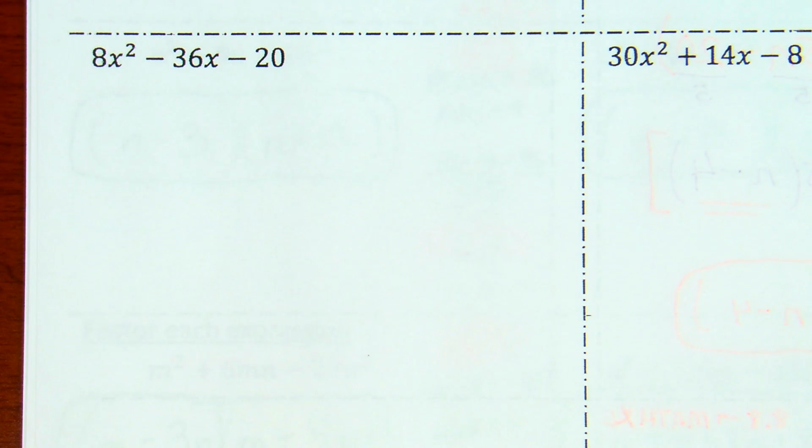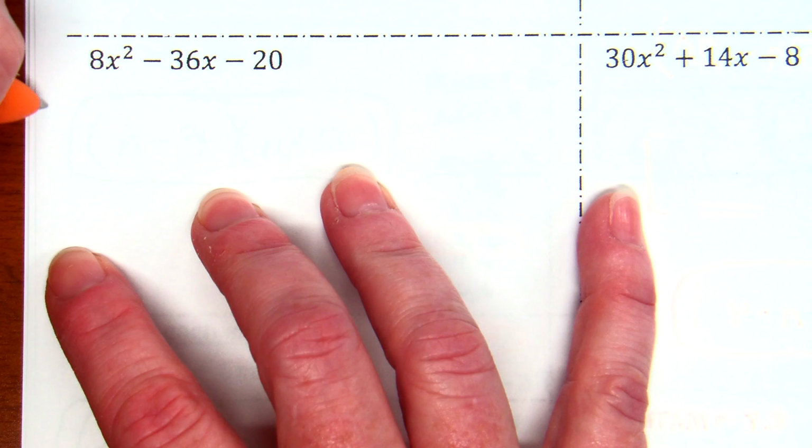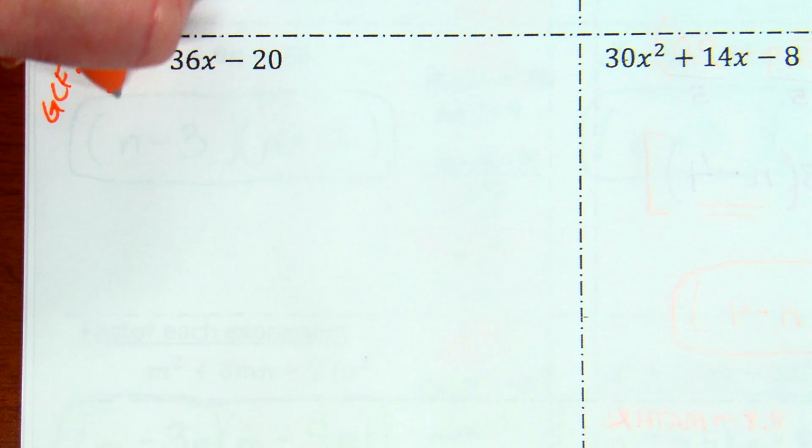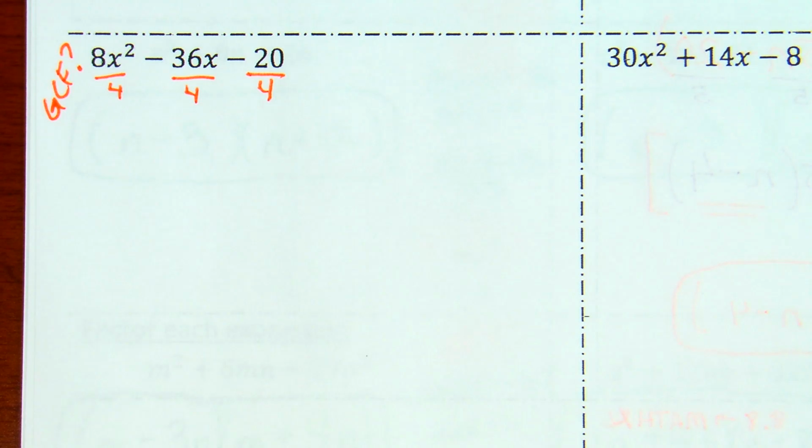So we were asking about a GCF there. If we're going to divide all of these by 4, that means the 4 is going to go at the very beginning, right?